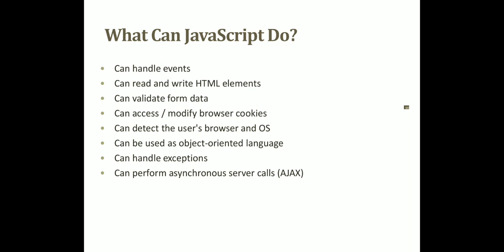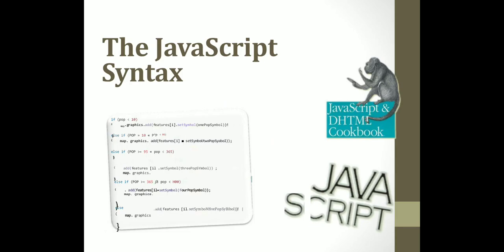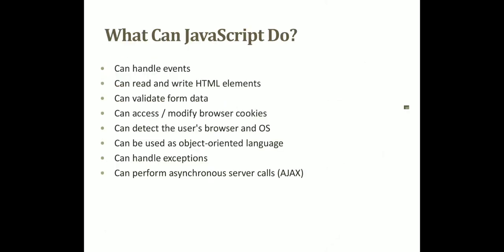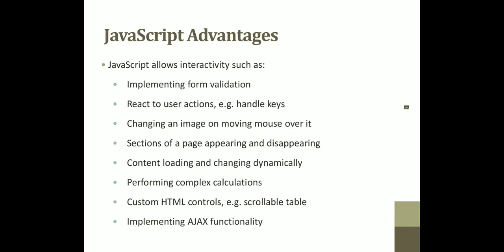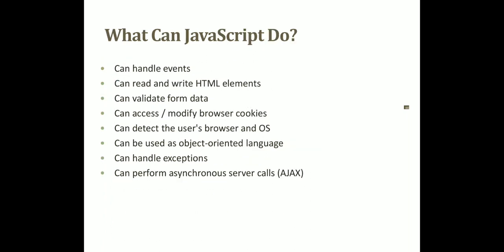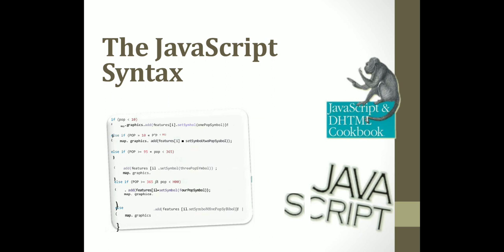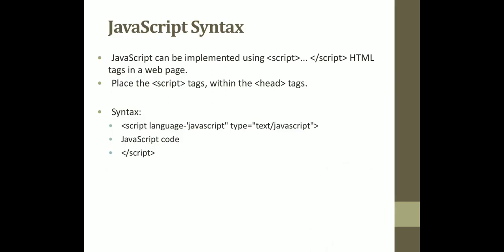And the best thing, it can perform asynchronous server calls, that is Ajax. So all these things can be done by JavaScript. A question can be asked, what JavaScript can do, plus the advantages of JavaScript, for 4 marks. So just revise all those points once you are preparing for the exam.